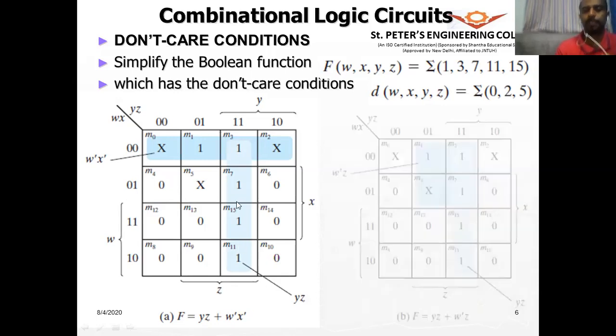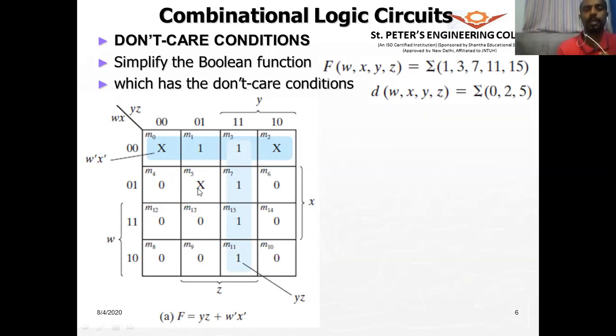So we have got the grouping, and the result of grouping all these 4 is W complement X complement, because Y and Z change here. When you take these, W and X change in these 4 rows, and in this column Y and Z remain unchanged.